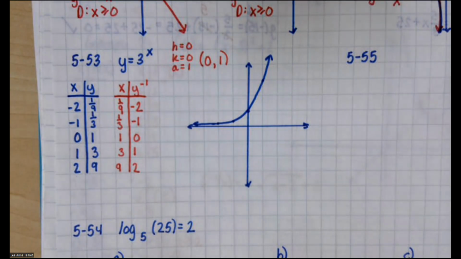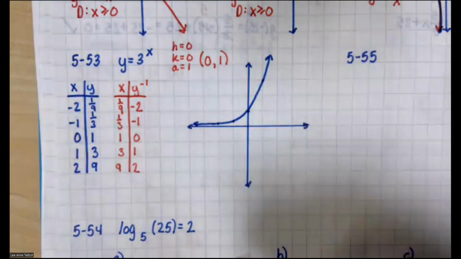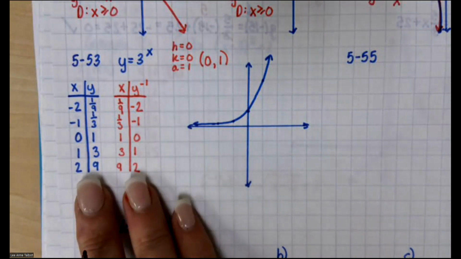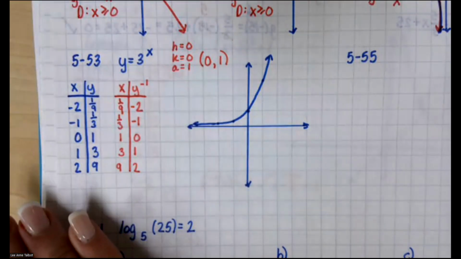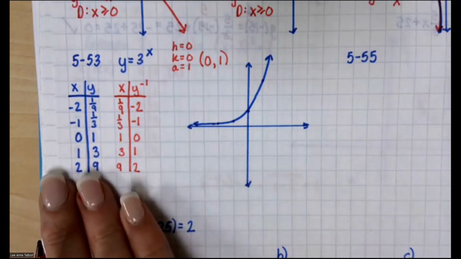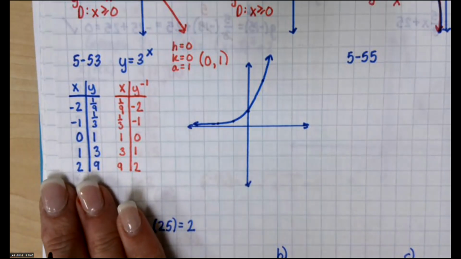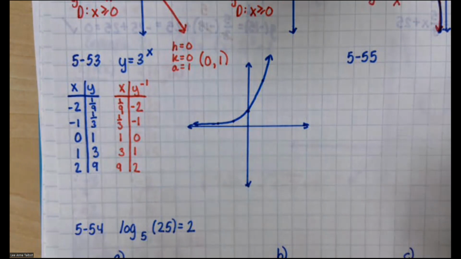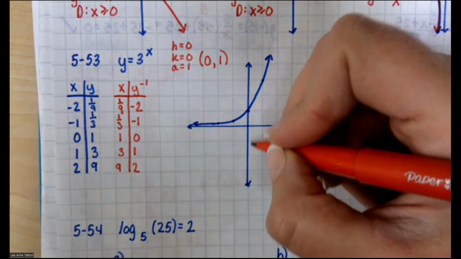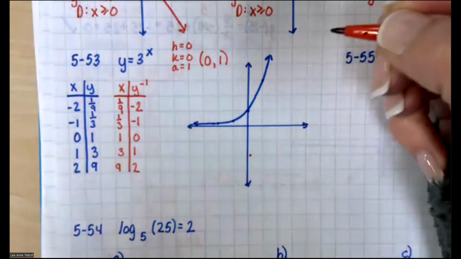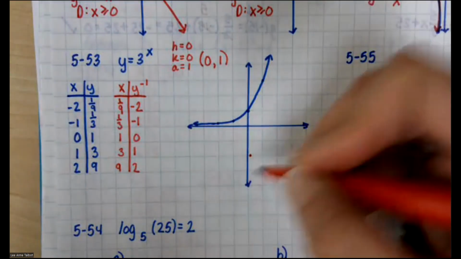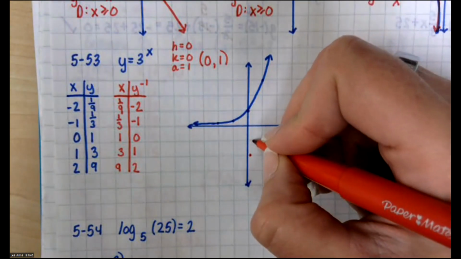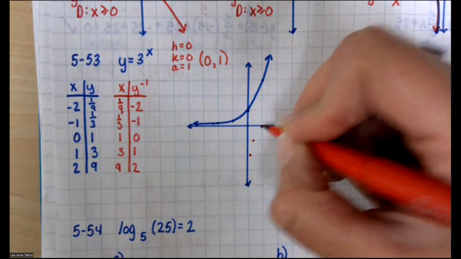Okay, anyway. So what we're doing now is we're exploring what the inverse of an exponential looks like. And so we know we can make a table from the original and flip it for the inverse table. So right now we're just thinking about what does it look like? What is the inverse of an exponential graph going to look like to us so we know we're doing it right?